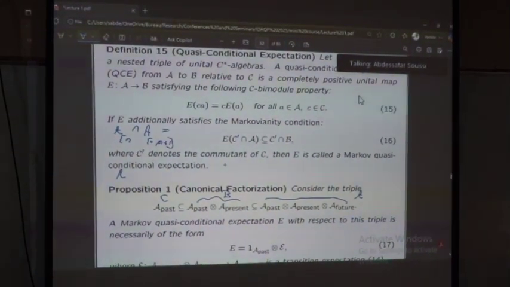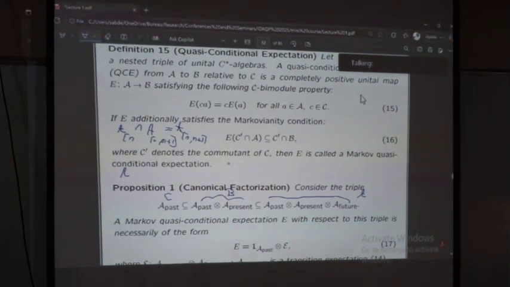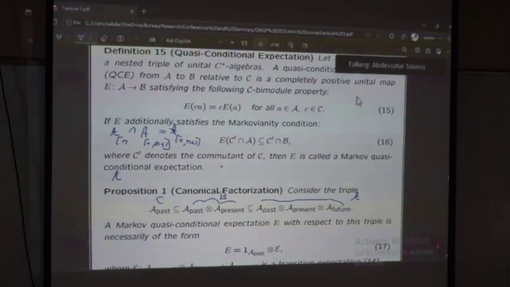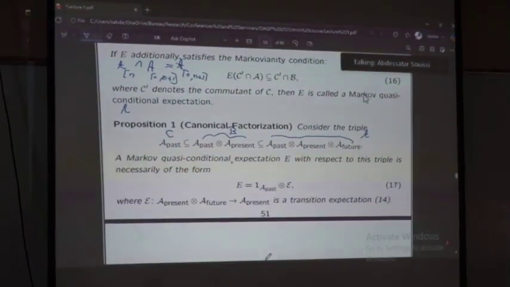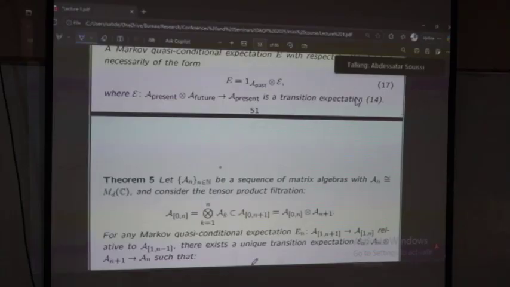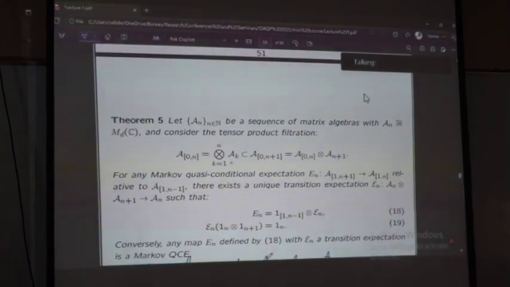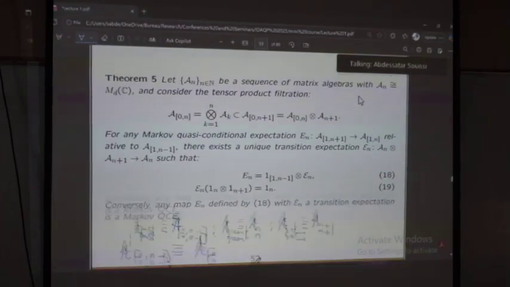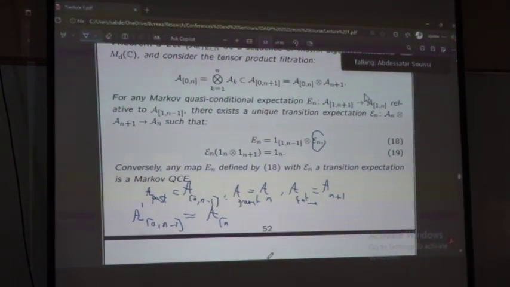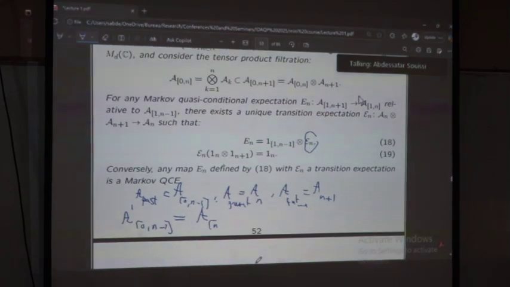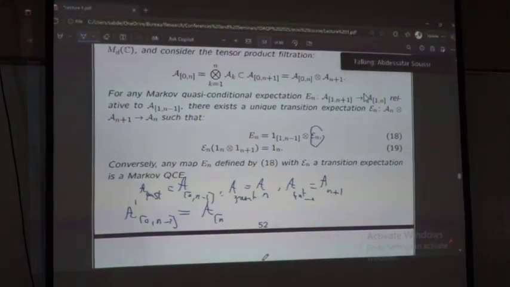So it gives this algebra A n plus 1. It is exactly the algebra in which the transition expectation defined here is acting. This transition E n is acting on this algebra A n plus 1, and maps this algebra into A n.